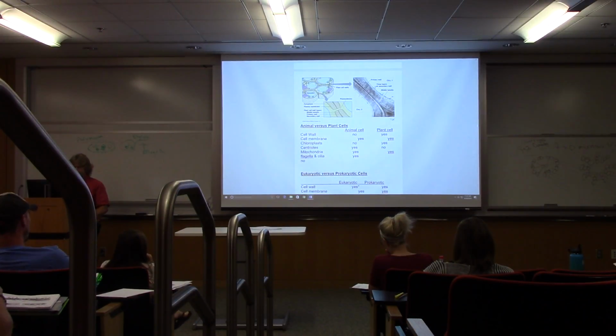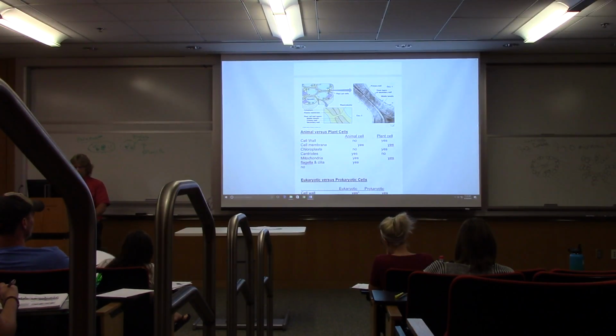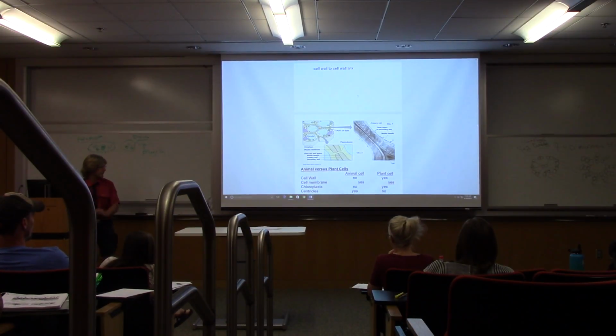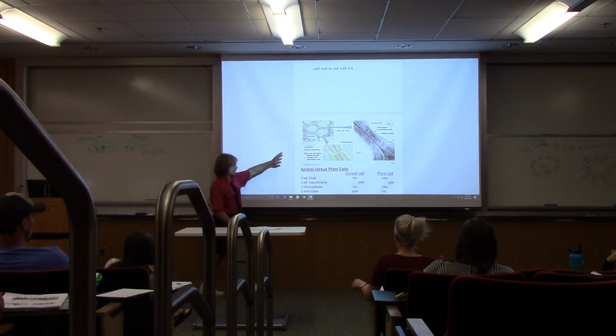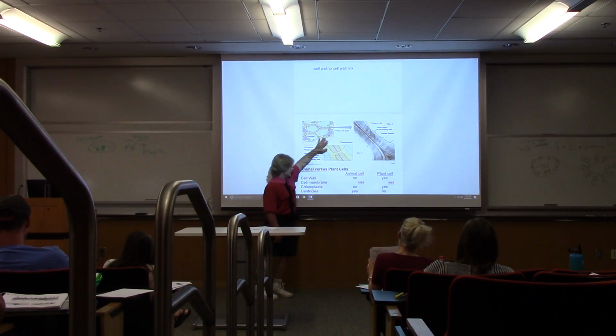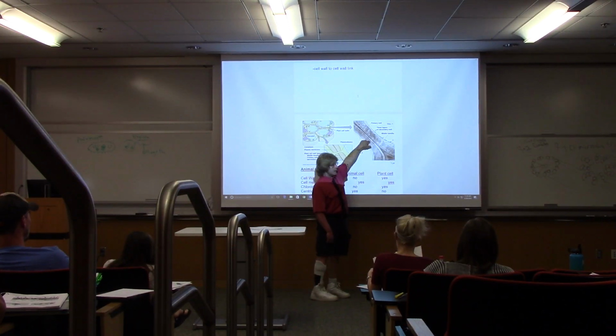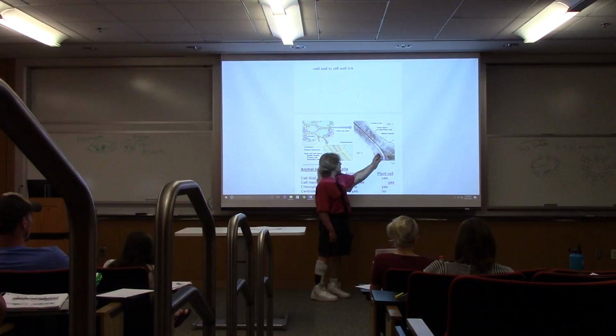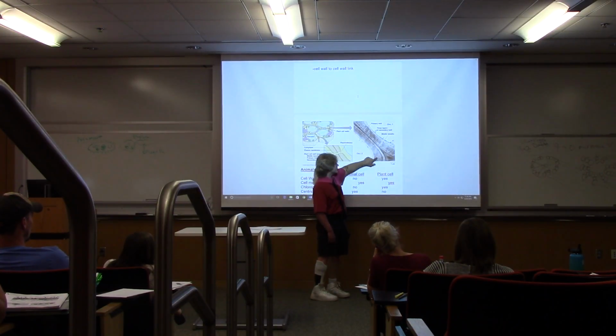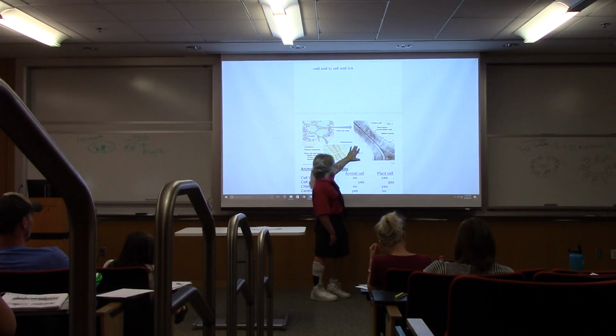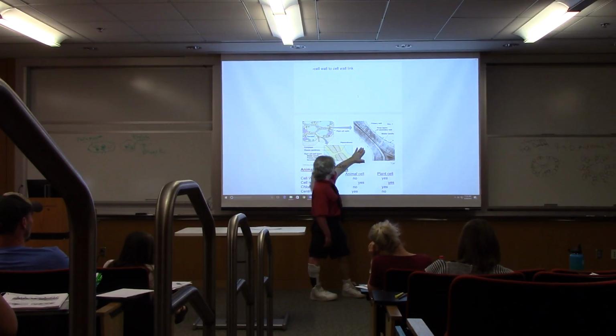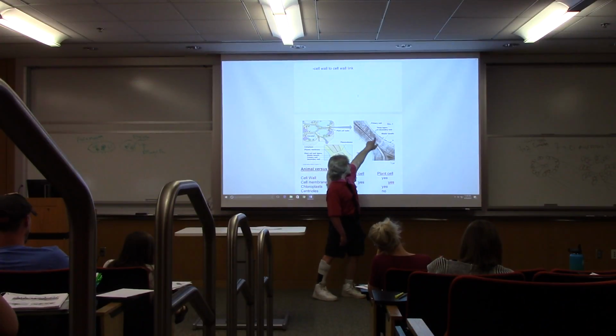This would represent a cartoon based on a micrograph taken from an electron microscope. This would be the wall of one plant cell, right here, and this would be the wall of another plant cell.